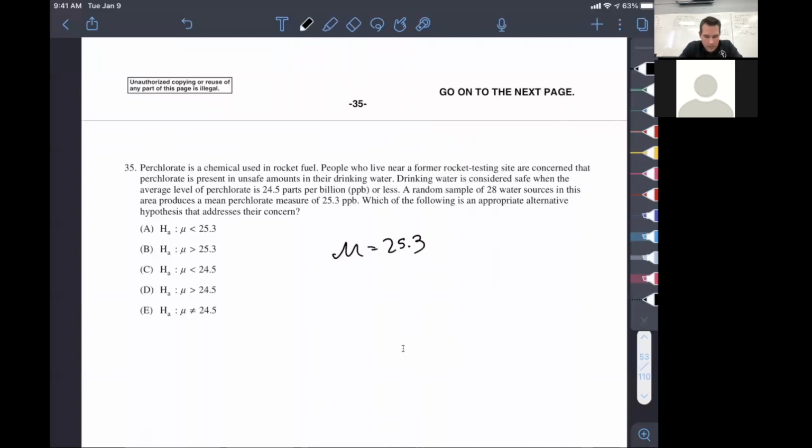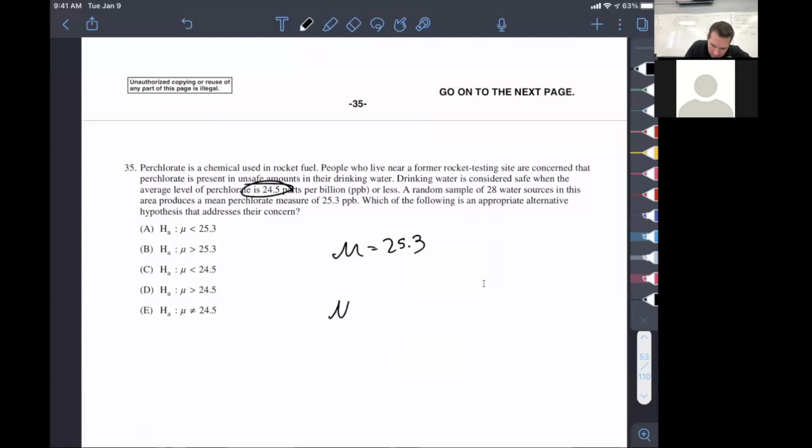So our null is that, I would say this is less than 25.3. So our alternate should be greater than 25.3, which means it's not, sorry. Drinking water is considered safe when the average level is 24.5.